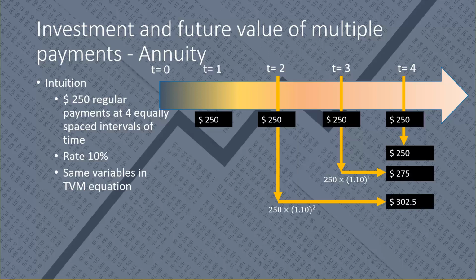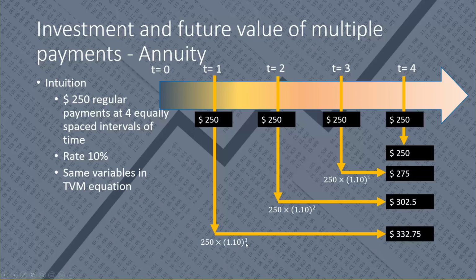Now, the money that we invested at the end of the first year has the maximum time to grow. It grows by 1.1 times in the first year, 1.1 times in the second year, and 1.1 times in the third year. In other words, it grows through 3 periods at 1.1 to the power of 3. So 250 times 1.1 to the power of 3 makes it 332.75.